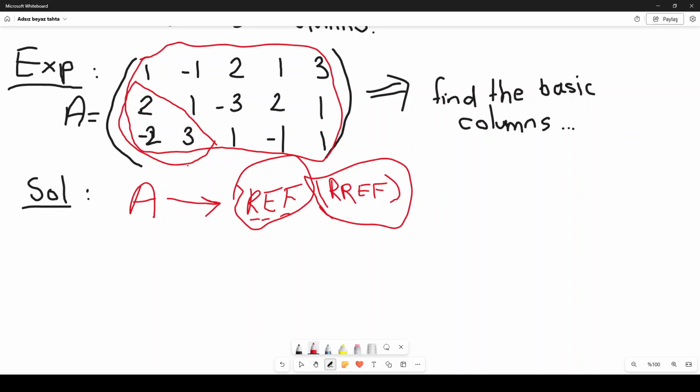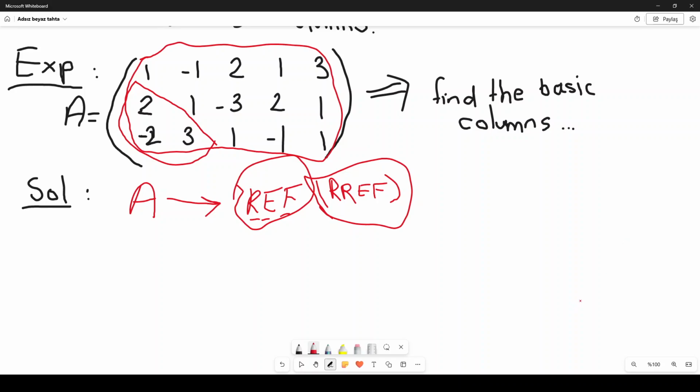And the second thing, then, in each non-zero row, the leading entries should be equal to 1, and the values both below and above these pivot elements should be equal to 0. And then we will have a reduced row echelon form. And if we use this elimination method, then it means that we are using the Gauss-Jordan elimination technique, right?